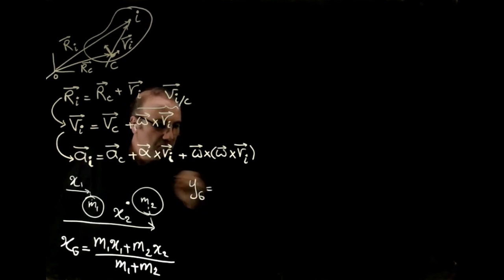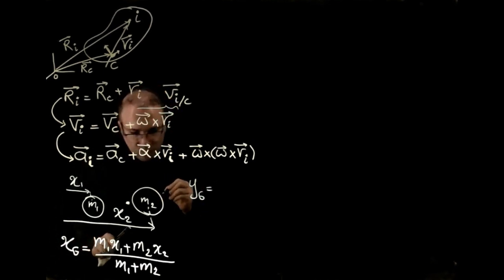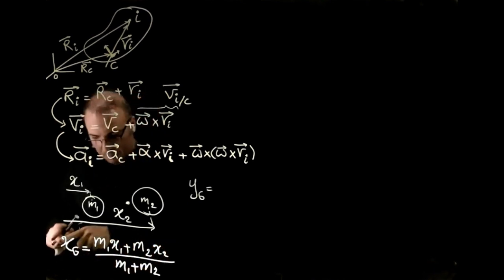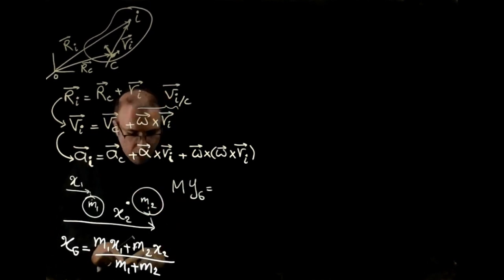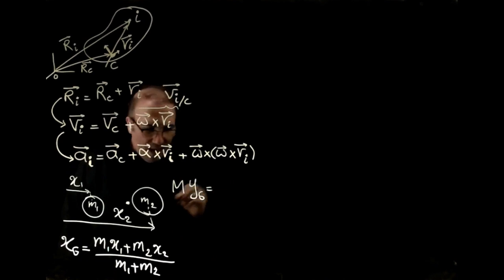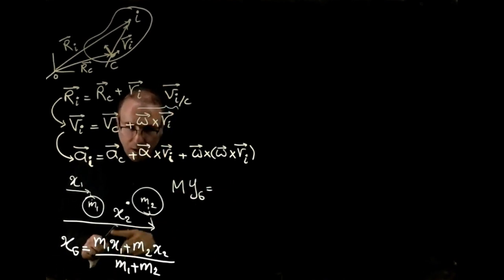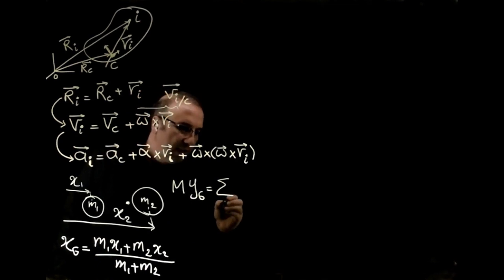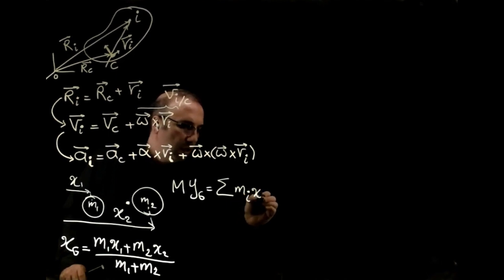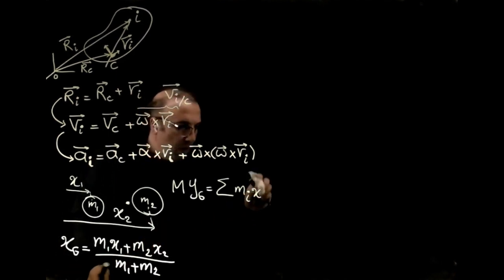Then I bring these masses together and call this the total mass, capital M. So M1 plus M2 plus all of them, I call it total M, equals, instead of M1 x1, M2 x2, M3 x3, I just write a summation of mi yi.